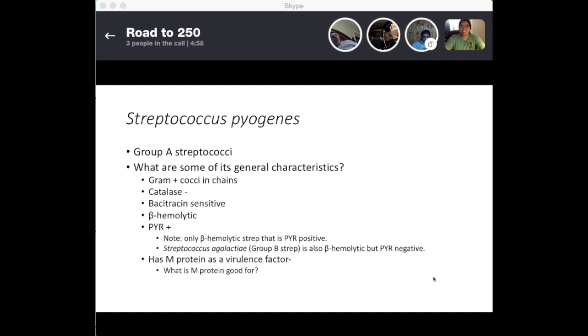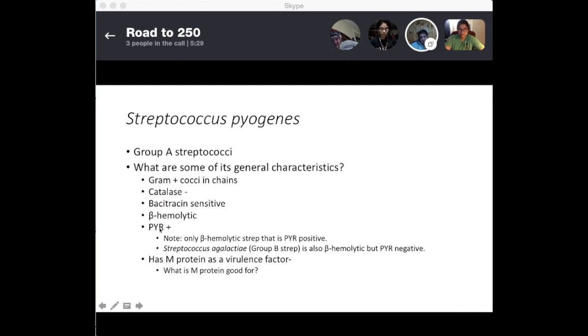Sensitive. So Group A are going to be your sensitive ones. So again, like you guys said, it's gram-positive, it's cocci in chains, it's catalase negative, bacitracin sensitive, beta hemolytic, and it's also PYR positive.